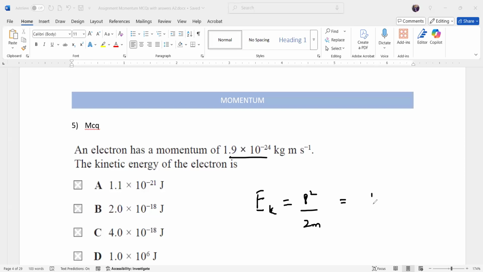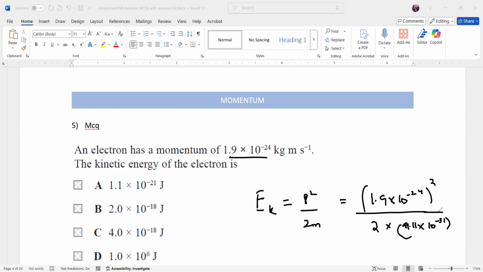The momentum is 1.9 into 10 to the power minus 24, then squared, divided by 2. And what about the mass of the electron? The mass of the electron is 9.11 into 10 to the power minus 31 kg. So when we simplify, what's our final answer?